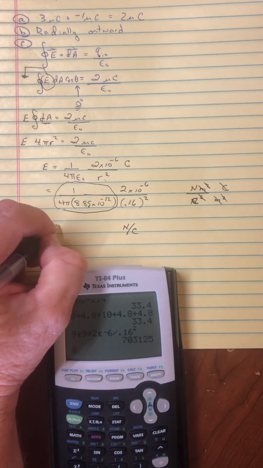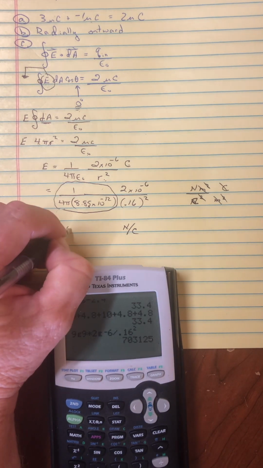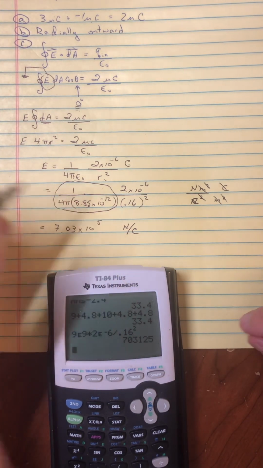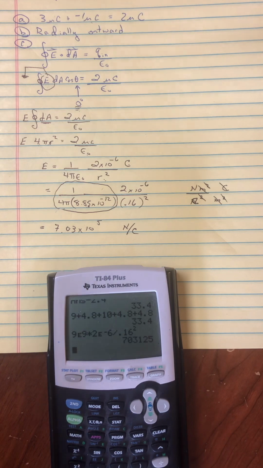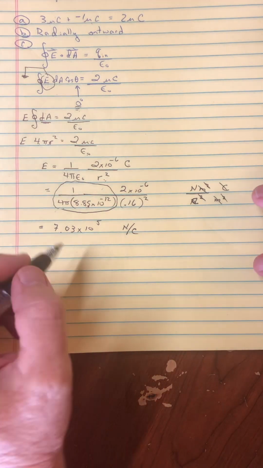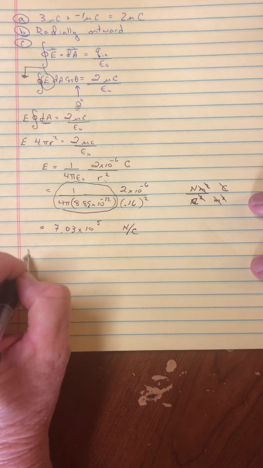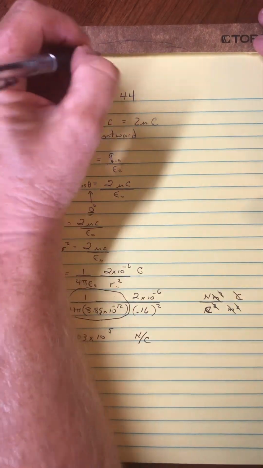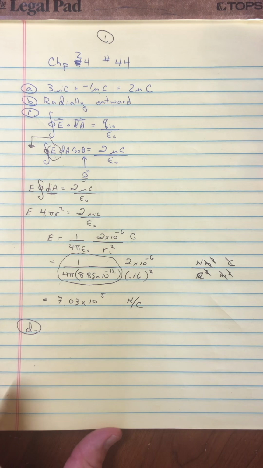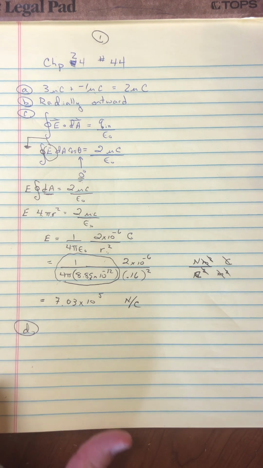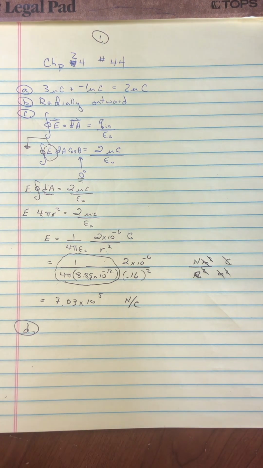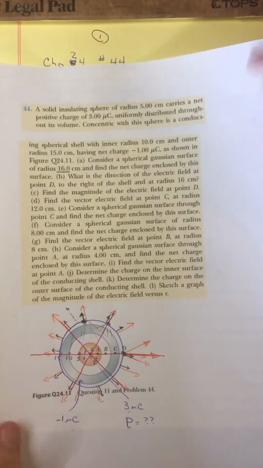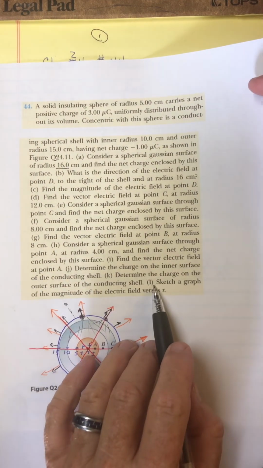And it looks like we are 7.03 times 10 to the 5th newtons per coulomb. And so there is C. And maybe I should start numbering these pages because this is going to be a long problem. We've done 3 of the 12 parts because we go down to letter L.